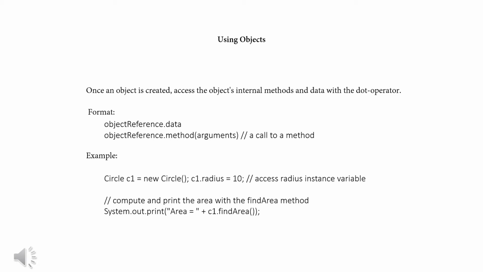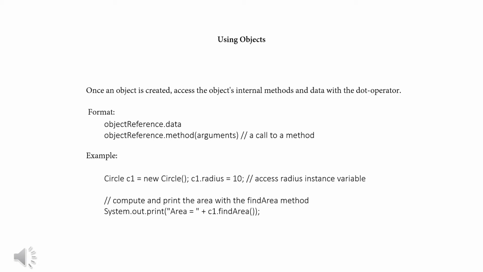Okay, now you know how to create an object from a class, okay? So the next step in the program would be accessing the data, the variables of that class, or the methods of that class, right? So how can we do that?